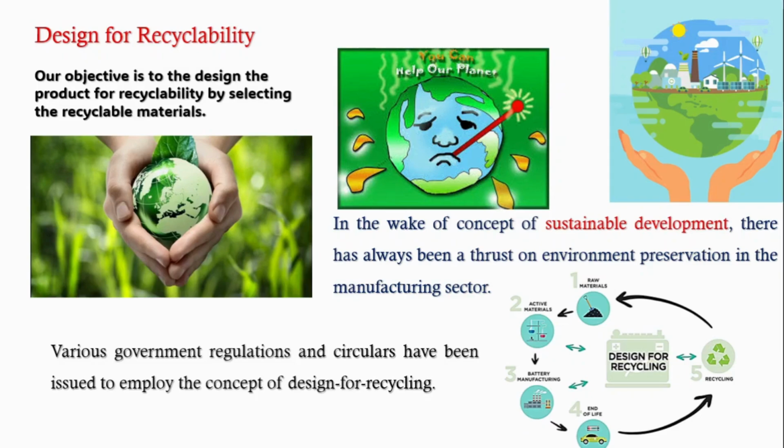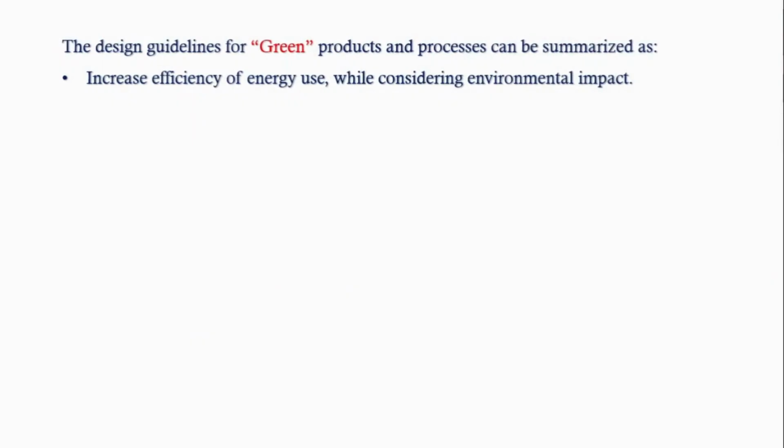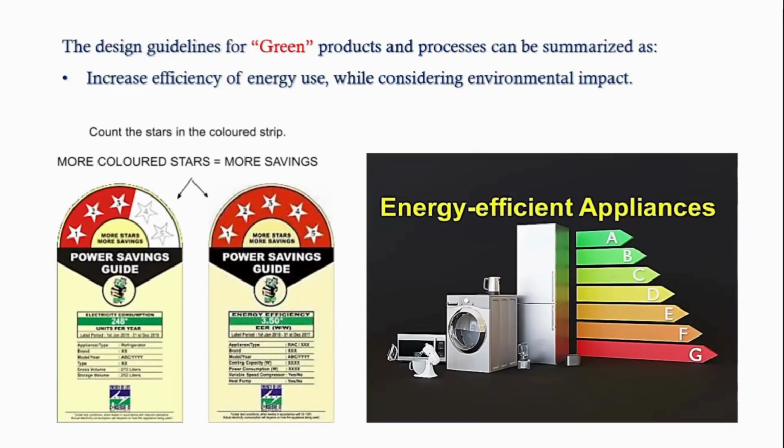Now there are various points as well as some regulations that have been given to develop green products. These regulations are also known as the design guidelines. So the first guideline is to increase efficiency of energy use while considering the environmental impact. What does it mean? Here you can see the example. Being a designer, you must try to develop energy efficient appliances.